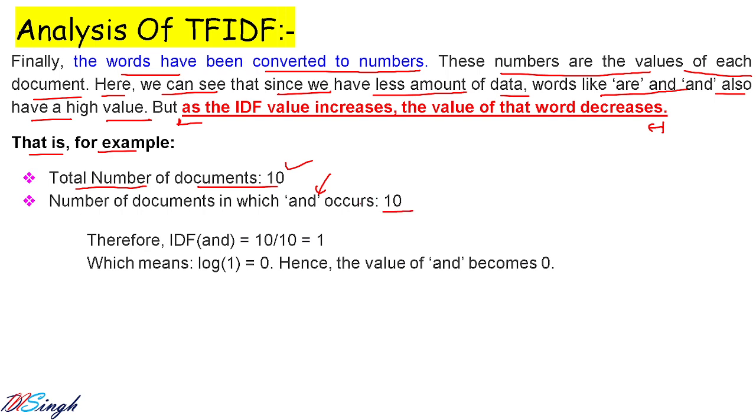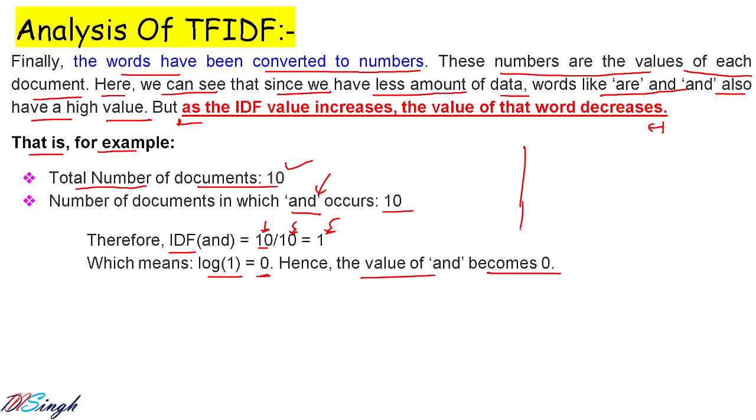Suppose we have 10 documents and in every document the word 'and' is coming, then what will our IDF be? The document frequency will be 10, and the total number of documents is also 10. So 10 by 10 is equal to 1. And when you calculate log of that, it is going to give us 0. Hence the value of 'and' will become 0.